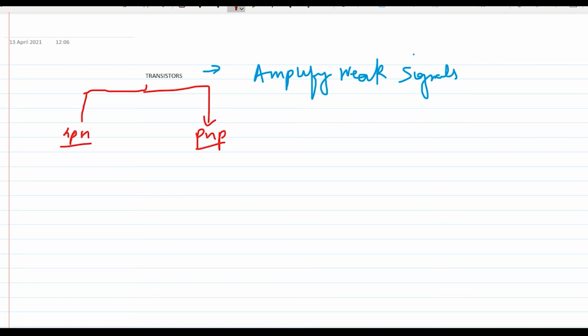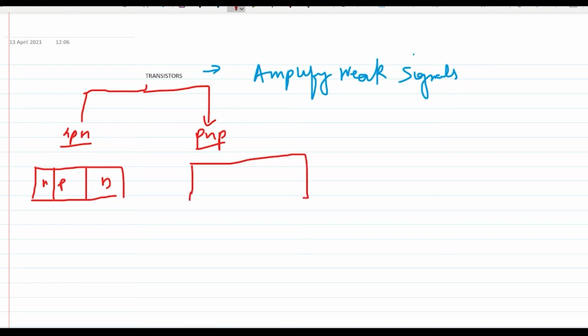So NPN is formed in this way. Here P is sandwiched between two N-type semiconductors. Similarly, in PNP, N is sandwiched between two P-type semiconductors.